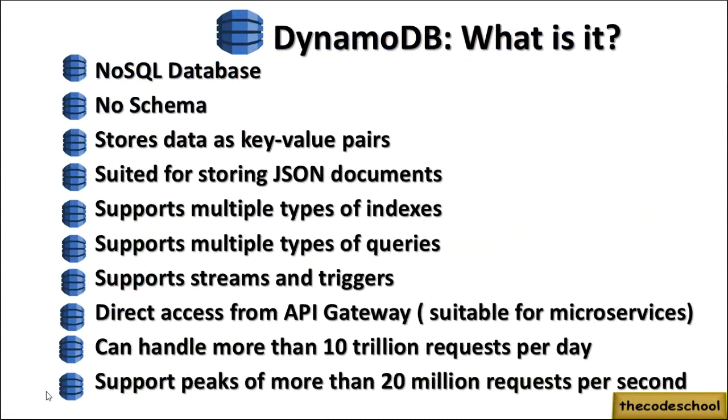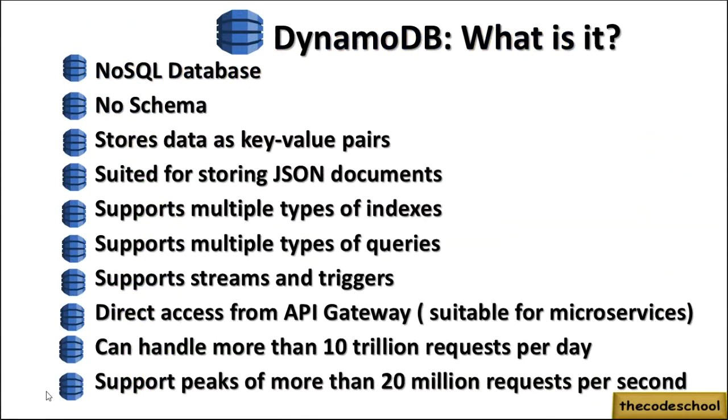So all the data that you have to keep in DynamoDB must be formulated in the key value pair structure. And basically, JSON documents are more suitable for storing the data inside DynamoDB.